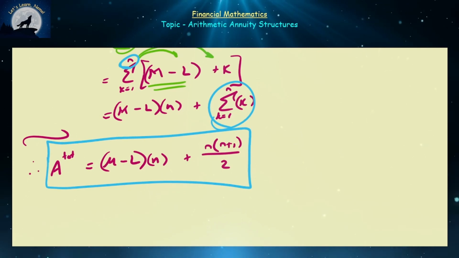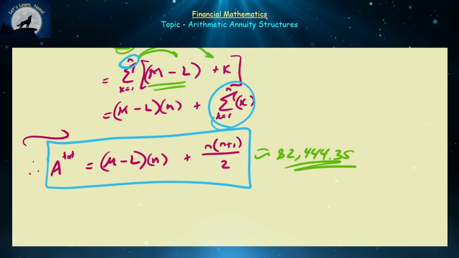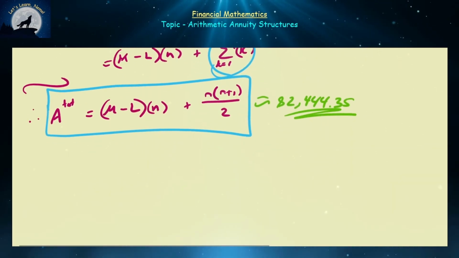So using our value of n, you can actually find that this is going to be approximately equal to $82,444.35. So that's how much money we're going to end up paying back to the bank. Remember, we actually only borrowed 82 grand. So if we only borrowed 82 grand, and this is how much we end up paying, we actually didn't pay that much in interest.